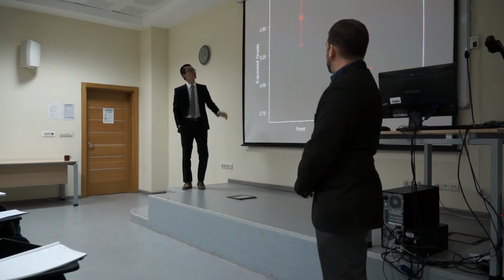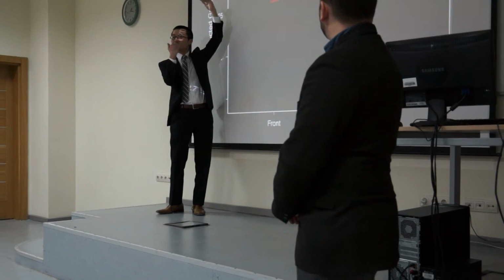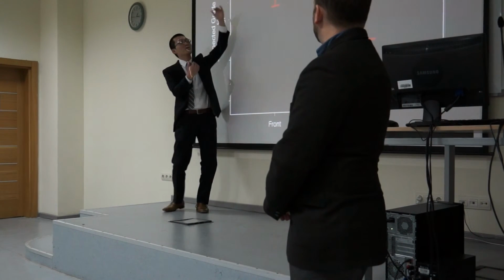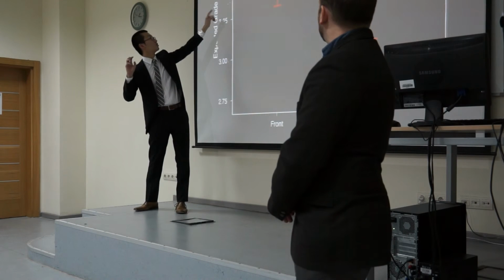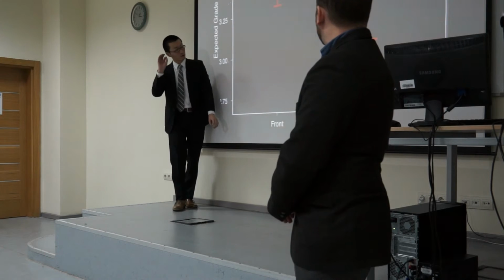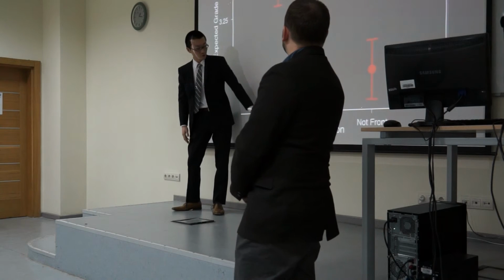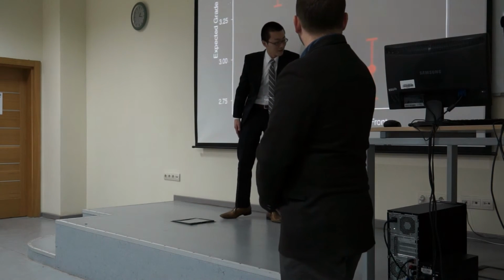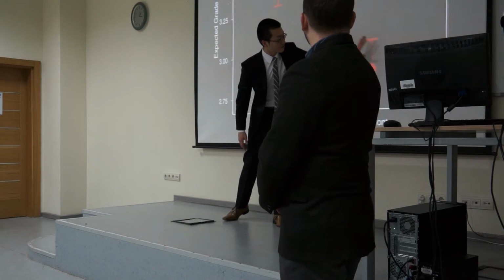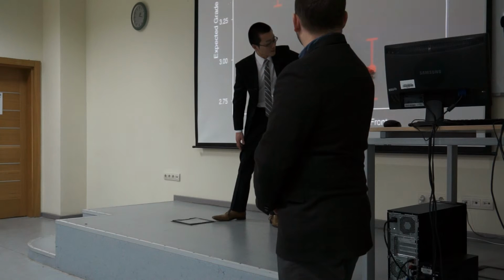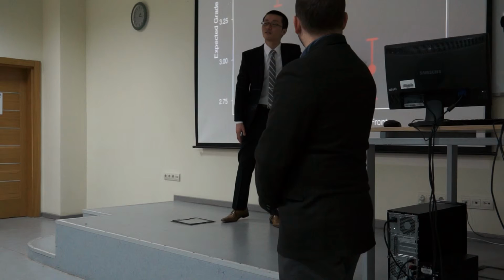All I want you to know is that using statistics, we can put these bars and tell you how confident I can be about the true mean, the true expected grade, for those who are sitting in the front. Similarly, I can say that in this area exists the true mean for those who are sitting in the back.